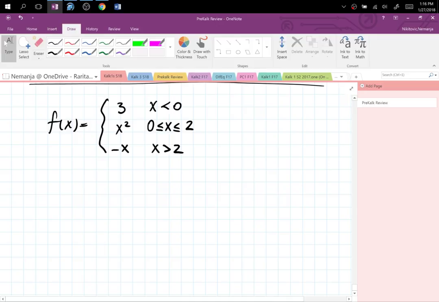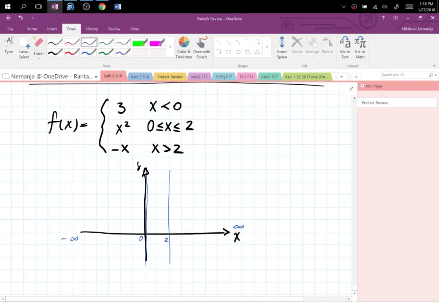So if I want to graph this thing, I will start with the coordinate system, x and the y, and I will first draw these vertical lines to partition negative infinity to 0, 0 to 2, and 2 to infinity. Because the entire domain from negative infinity to positive infinity is chopped up into 3 pieces: negative infinity to 0, 0 to 2, and 2 to infinity.